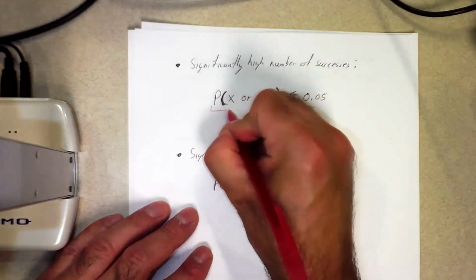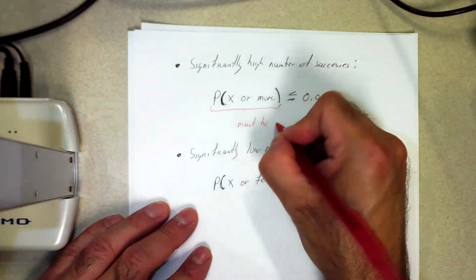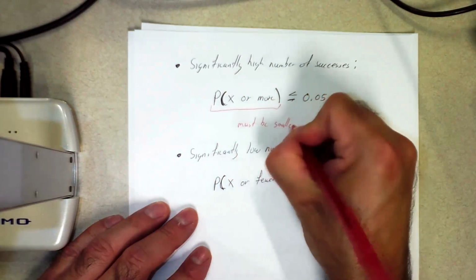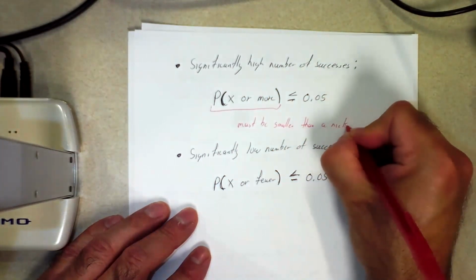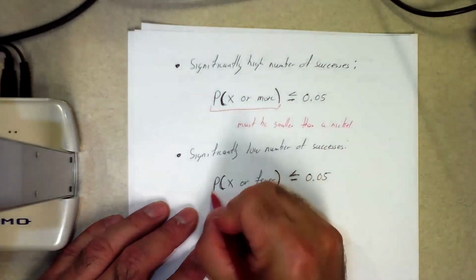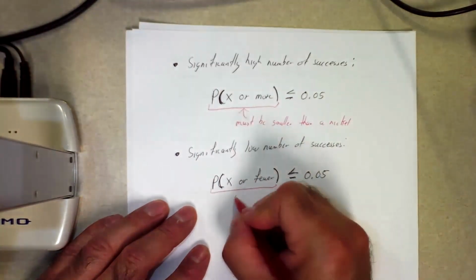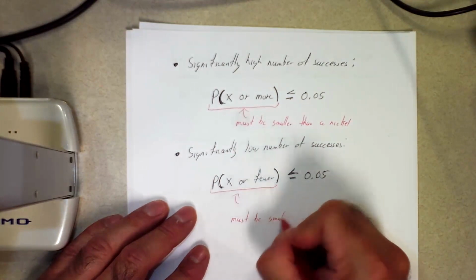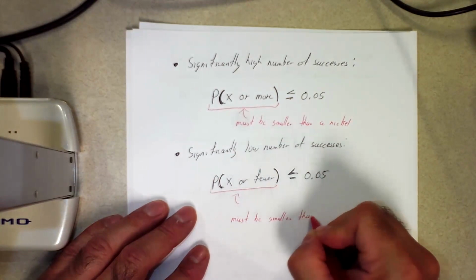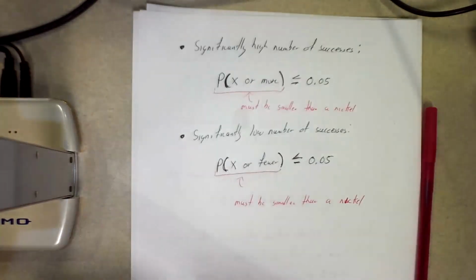This piece must be smaller than a nickel. This too must be smaller than a nickel. Right, so here's the thing.